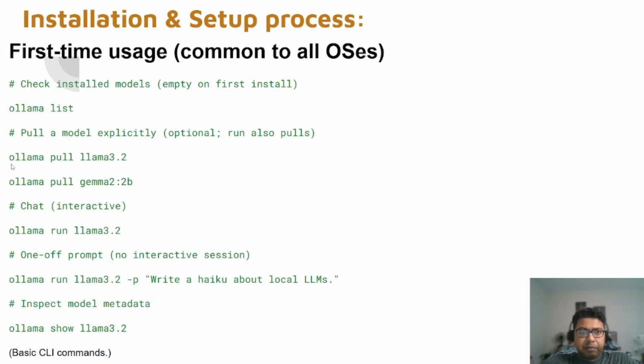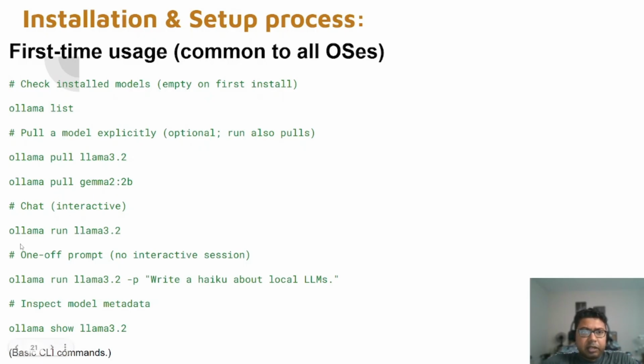But if we then type ollama pull llama3.2, it will install this Llama 3.2 model on our machine. Then if we run ollama list, it will show that Llama 3.2 is already installed. Then we can pull as many models as we want with the ollama pull command.